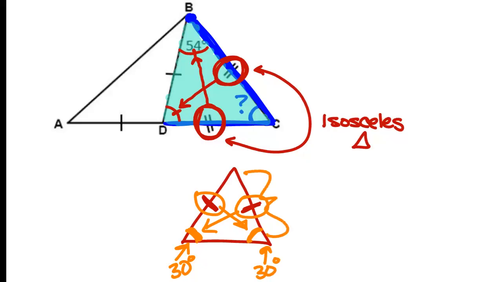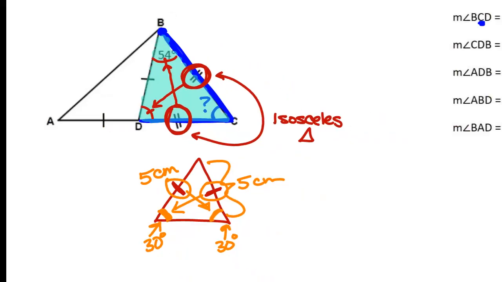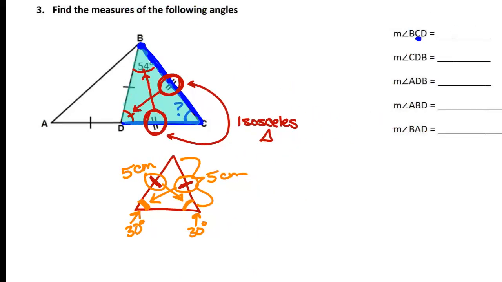But this side is not 30 degrees because sides aren't measured in degrees. This side could be something like 5 centimeters. And then this side over here would be 5 centimeters. So the angles across from the two sides that are congruent to each other are the same size. Does that make a little bit more sense?